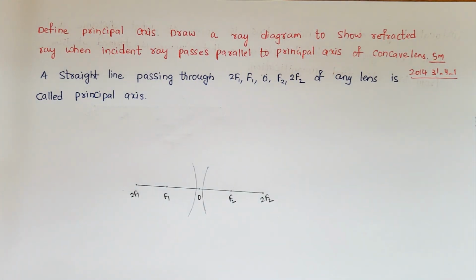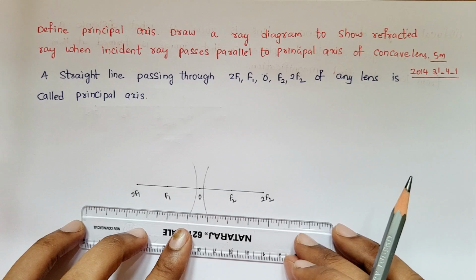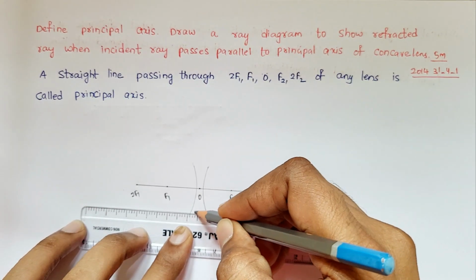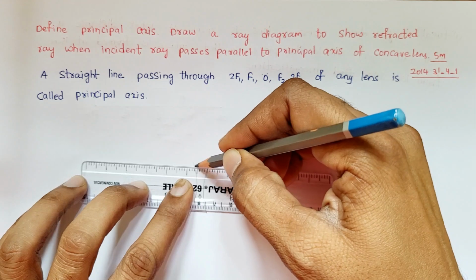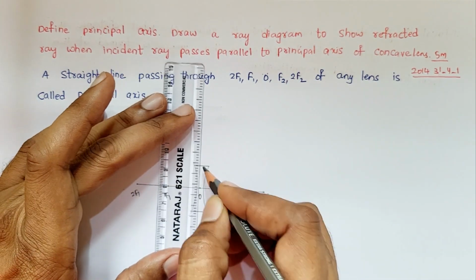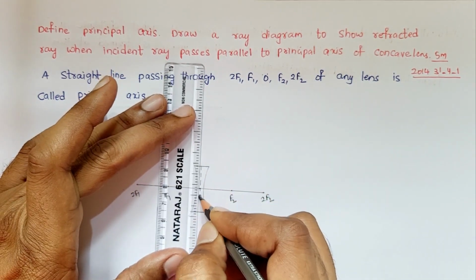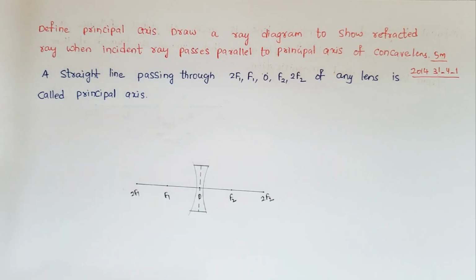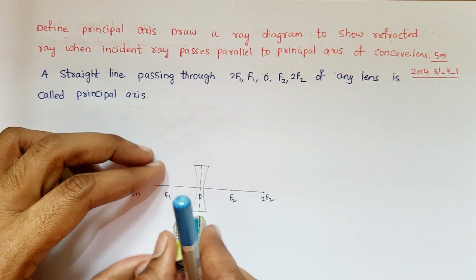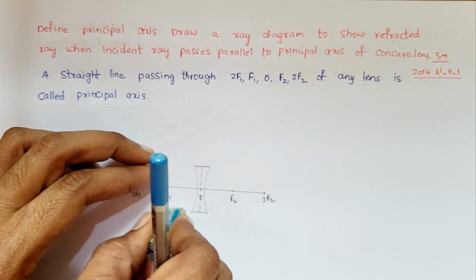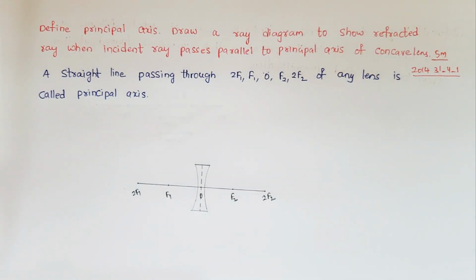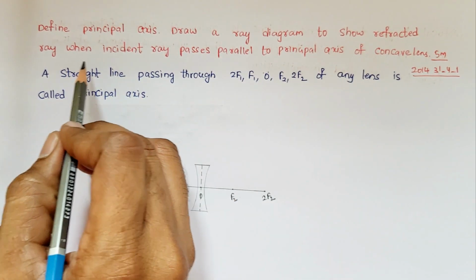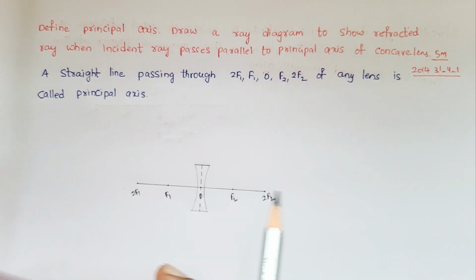This will complete the lens construction. Draw a straight line here and a straight line here also, and this line which passes through the optical center, it should be drawn definitely. So now erase the extra part, so it will give a good look to the diagram.